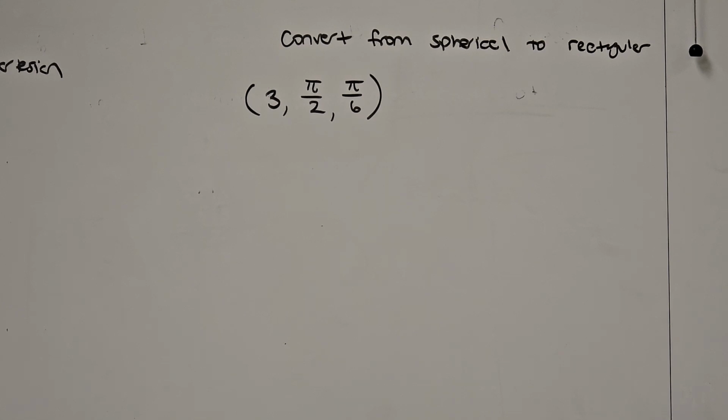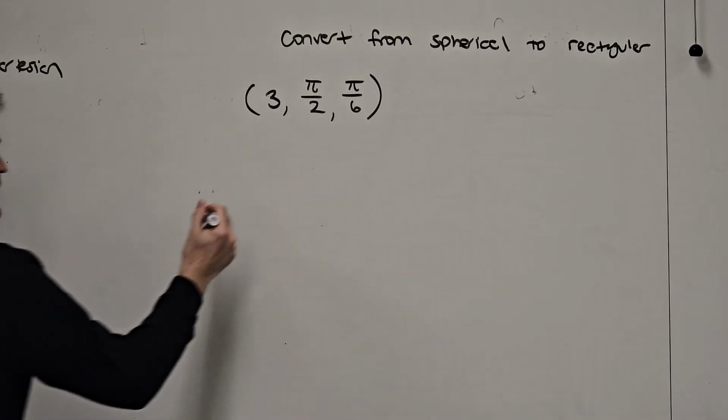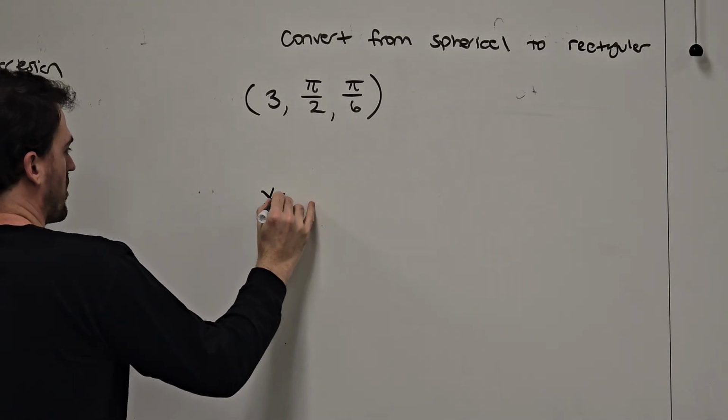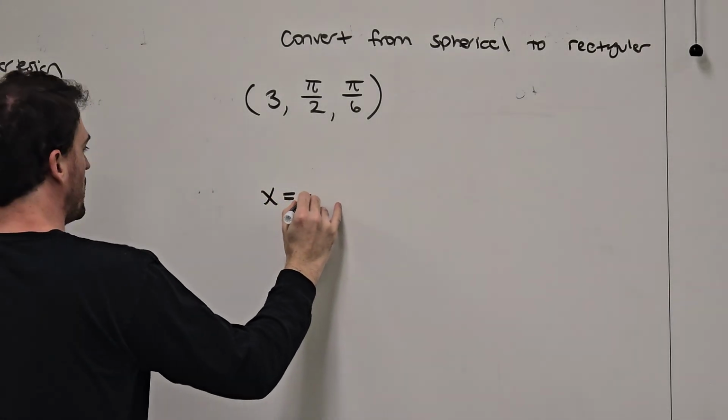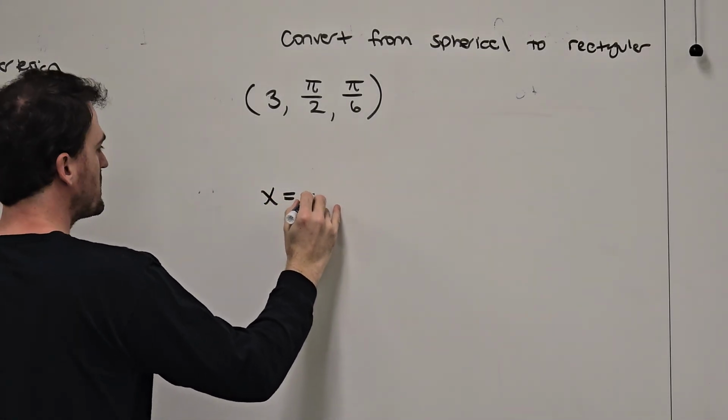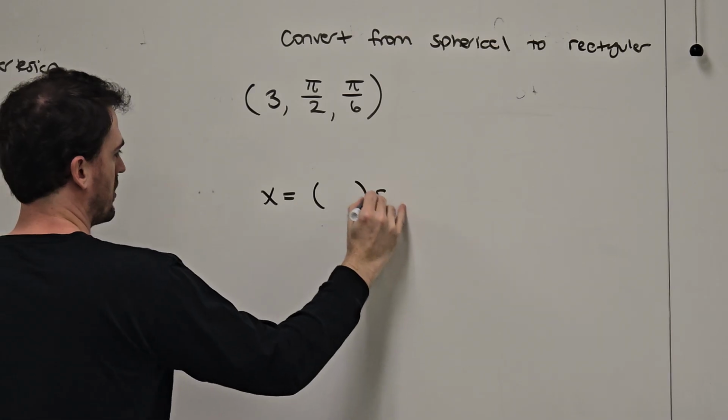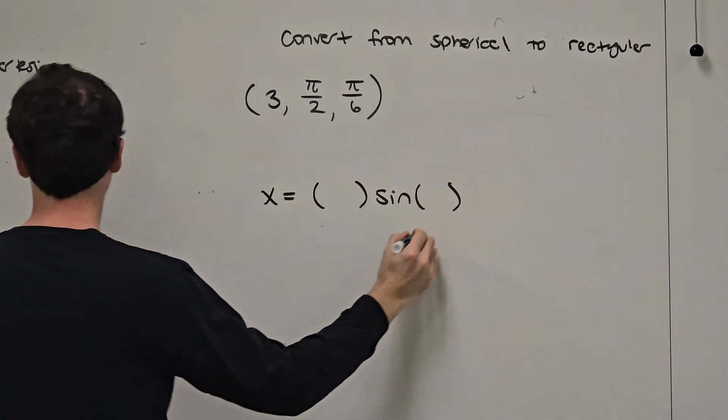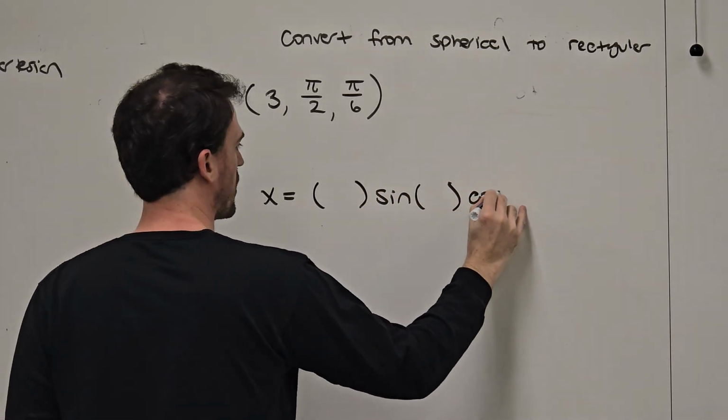So just being able to think about what the coordinate means, now let's actually convert it. I've got x equals rho times the sine of phi times the cosine theta.